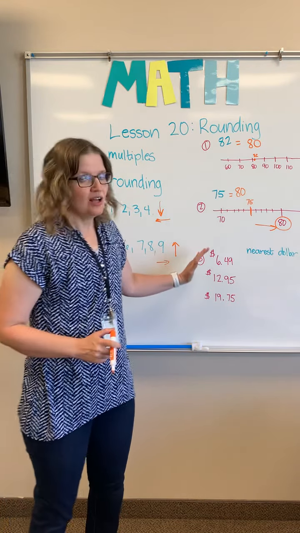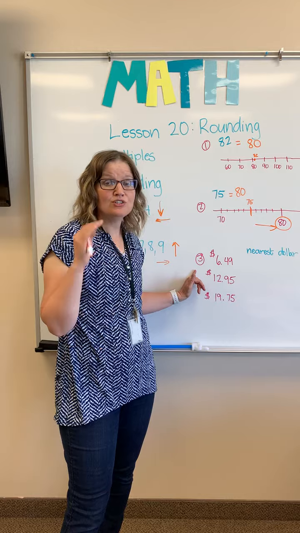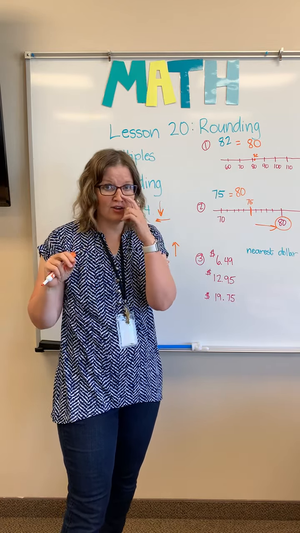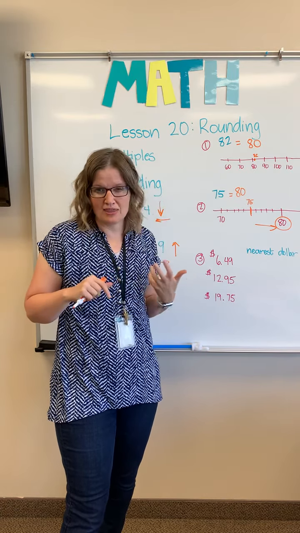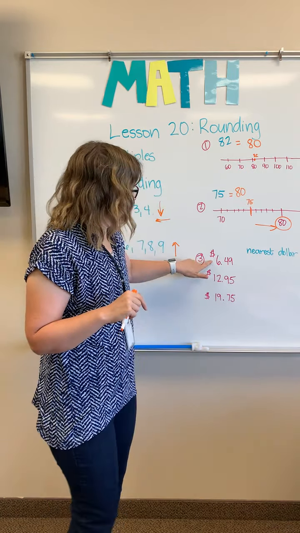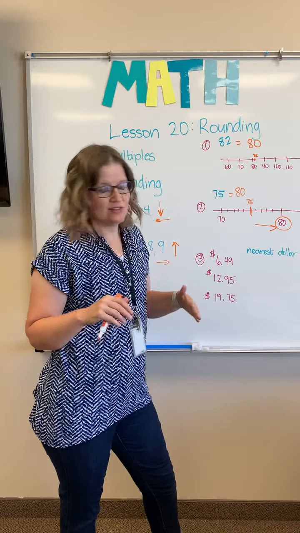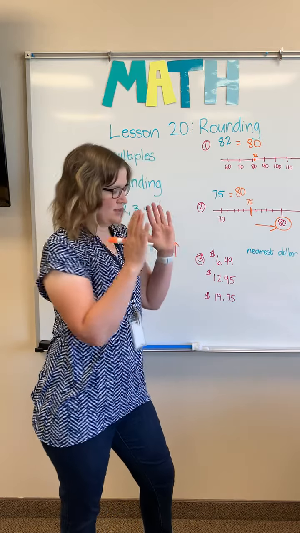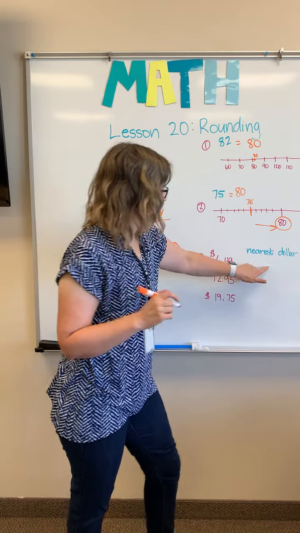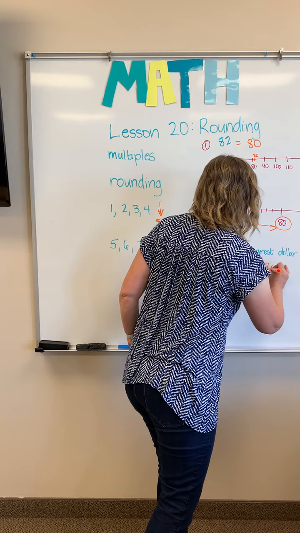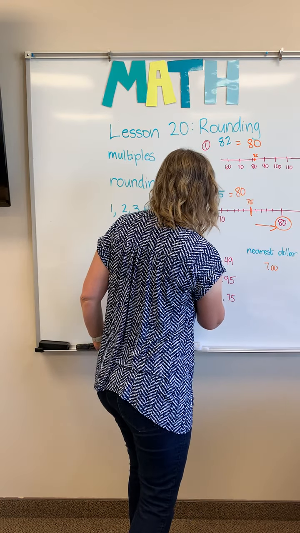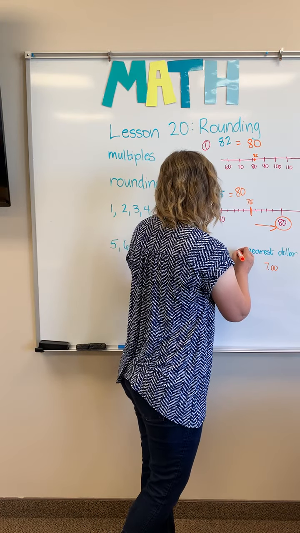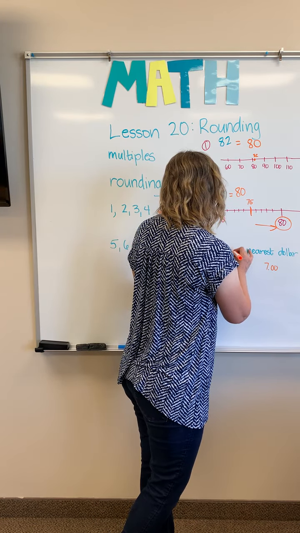Finally, this is one where I love to use this when I'm at the grocery store. I like to round to the nearest dollar. It makes it easier when I'm doing math in my head. When I see something that's $6.49, you've got to think about $6 and $7. Here's $7 and here's $6. And the cutoff right here would be 50 cents, $6.50.